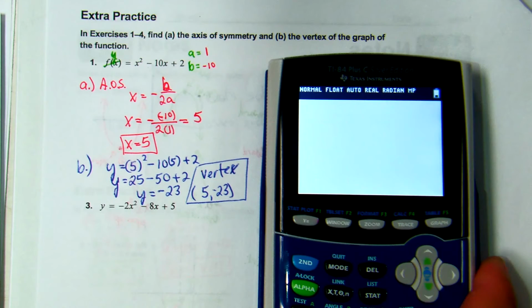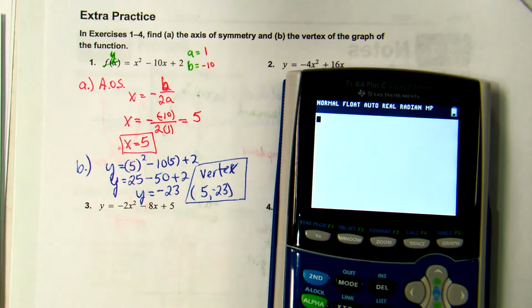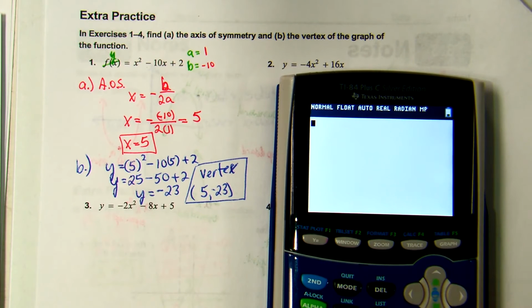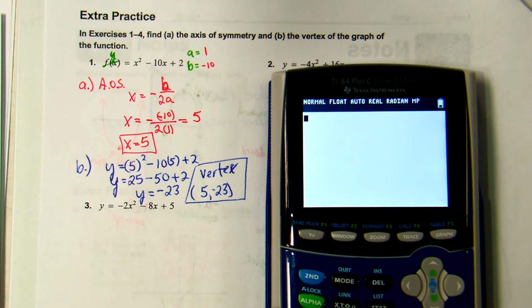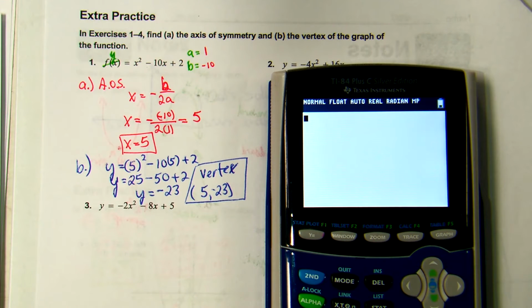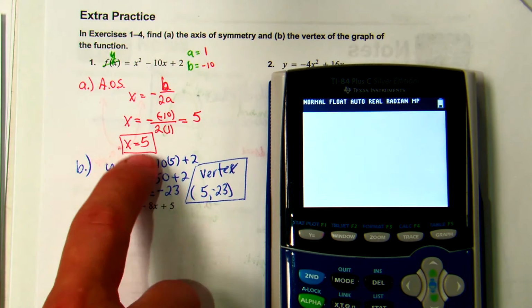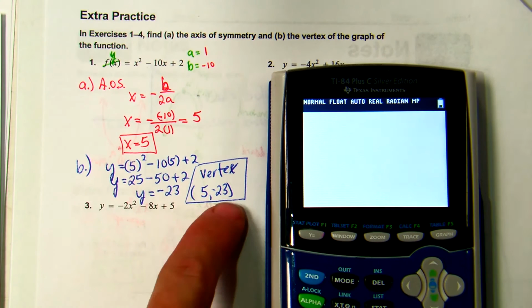I can actually use it to find the vertex and the axis of symmetry, but we're just going to use it to make sure we're finding the right numbers for our vertex. If I know the axis of symmetry is 5, I can plug this equation into my y equals and check the value at 5.